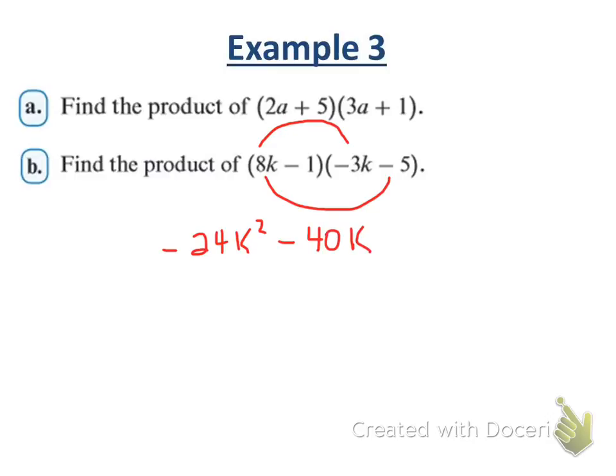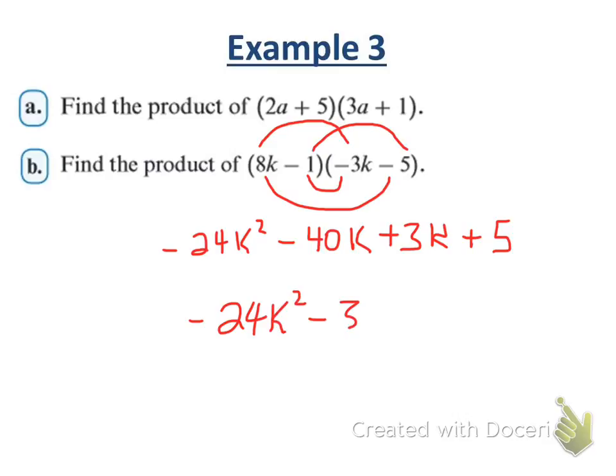Then -40k plus 3k. Be careful with signs. Negative times negative is positive. And then plus 5. All right. Now, that'll give us -24k squared minus 37k plus 5.